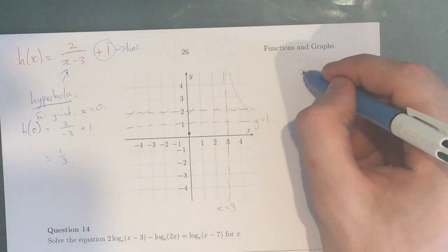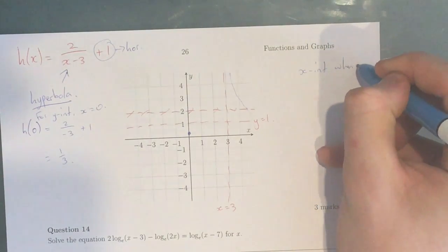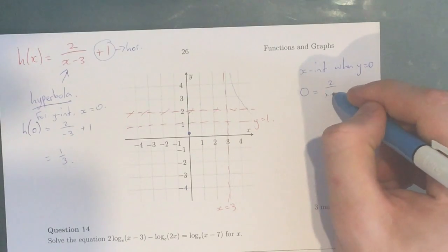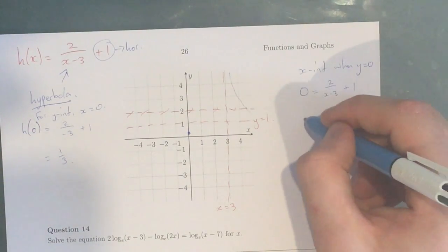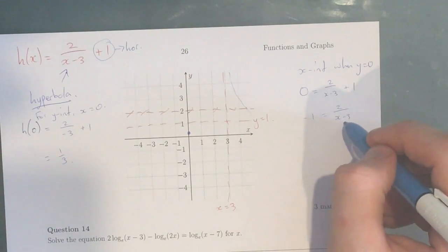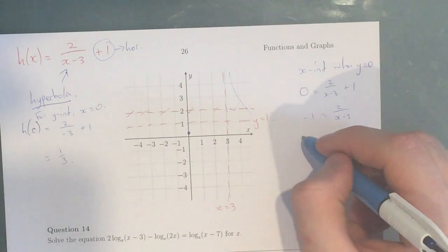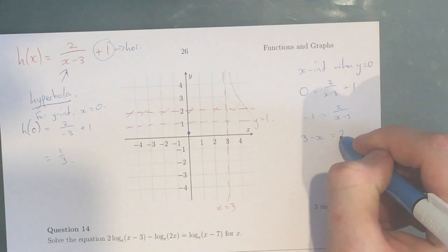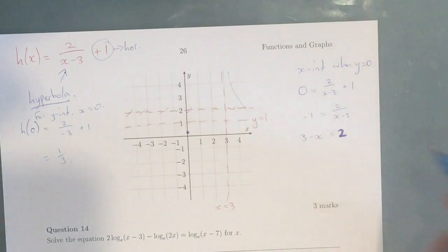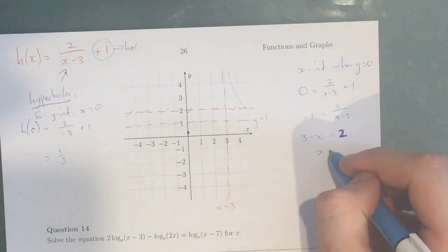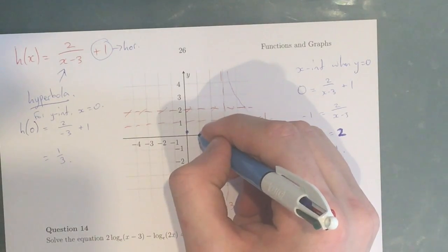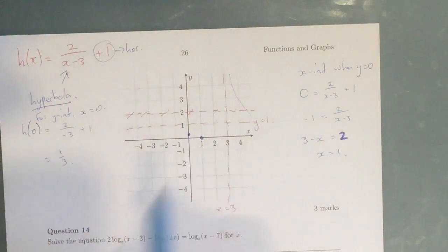For our x-intercept, that occurs when y equals 0. So 0 equals 2 over x take 3 plus 1, which means we get negative 1 equals 2 over x take 3. We times both sides by x take 3, which means we get 3 minus x equals 2, which means that x equals 1. So our intercept occurs at x equals 1, and the y-intercept at y equals 1/3.